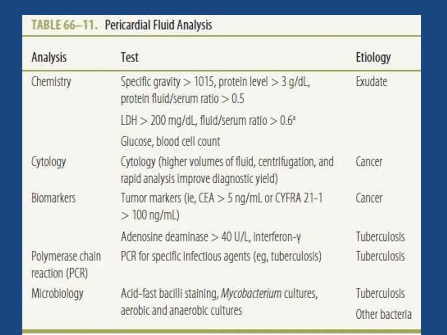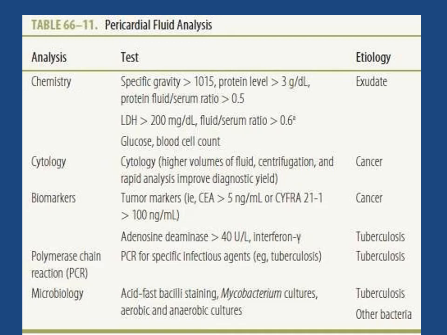We can check the specific gravity, protein level, pericardial fluid to serum protein ratio, LDH level, glucose level and red blood cell count to differentiate between exudative and transudative pericardial effusion. If the protein is greater than 3 gram per deciliter and the ratio of fluid to serum protein is greater than 0.5, it is exudative.